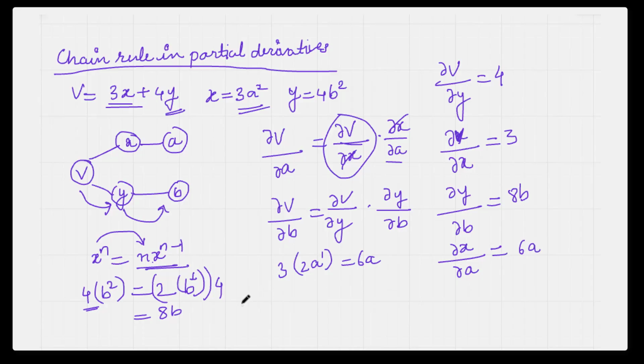So now if I want del v with respect to del a, del v by del x is 3 dot del x by del a, which we got as 6a. So we have 18a. Here you can try it out for del v by del b yourself. All the values are here already. You just have to put them in and calculate. It will be nothing but 8b multiplied by this 4. That is nothing but 32b.